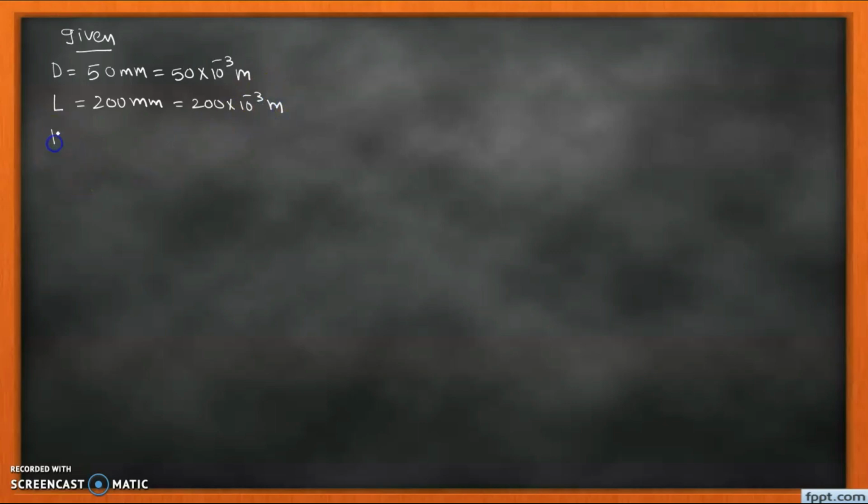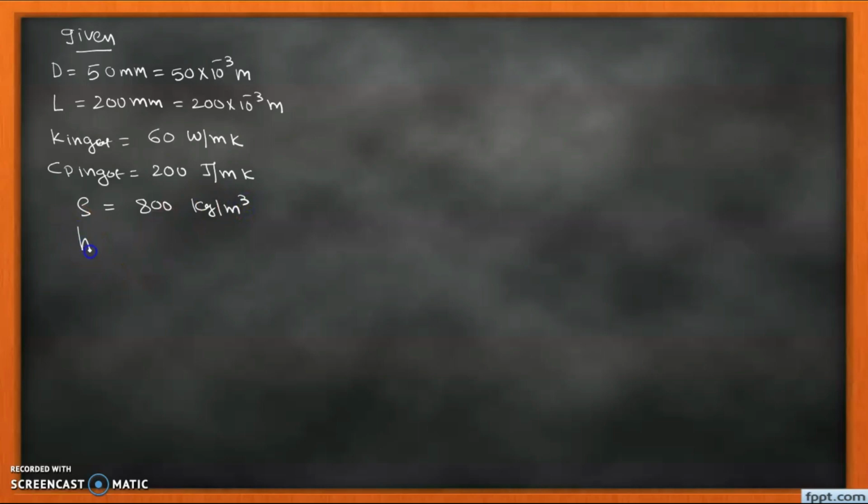The thermal conductivity of the ingot is given, that is 60 watt per meter Kelvin. The Cp of the ingot is 200 joule per kg Kelvin. The density of the ingot is 800 kg per meter cube.